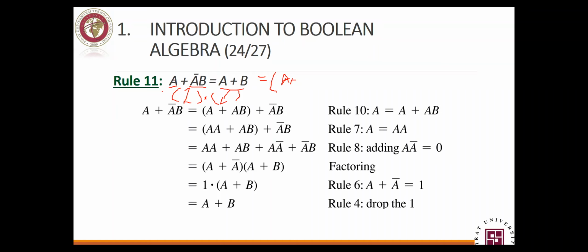Just distribute or over and. So it would be A or A bar and A or B. A or A bar is always 1. And what will remain? A or B ended with 1. It wouldn't change anything. It would just remain A or B.